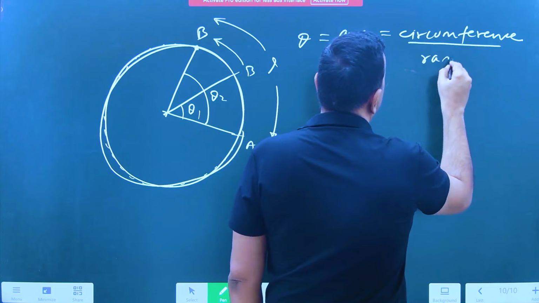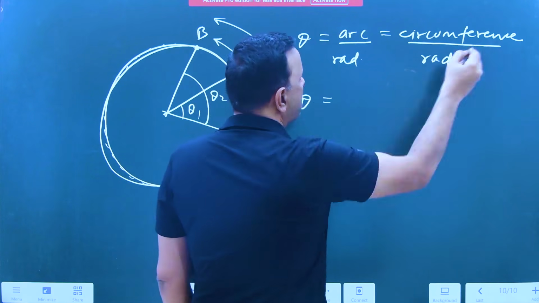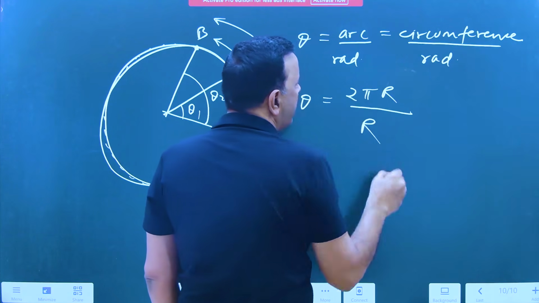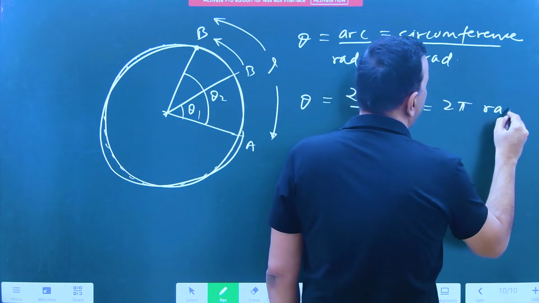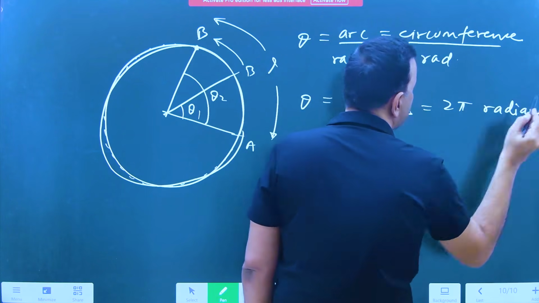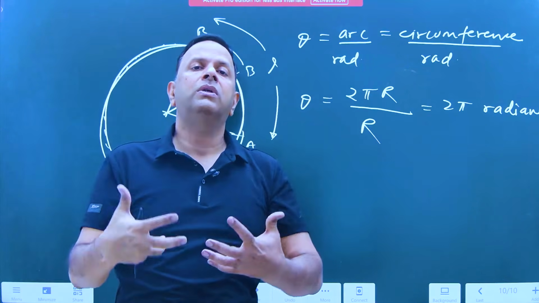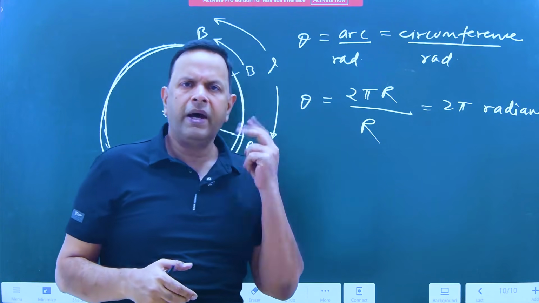So arc becomes circumference, and circumference by radius. So for the whole circle, the circumference will be 2 pi r divided by the radius r. So we get this as 2 pi radians. So for the whole circle, the measure of the angle in the radian system is 2 pi.